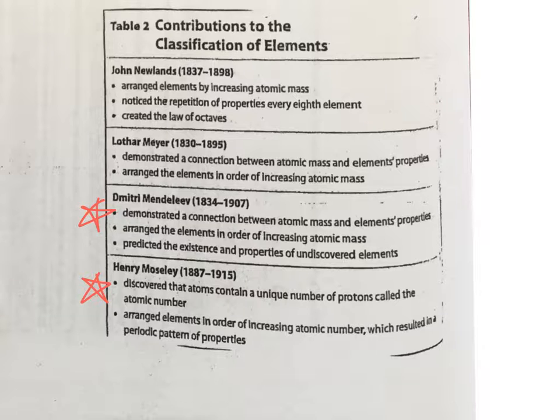There you go, atomic mass. Yep. And Moseley, how did Moseley fix it and arrange it? Atomic number, which is the number of protons. So he represented the number of protons with that atomic number. That's really all you need from this page.